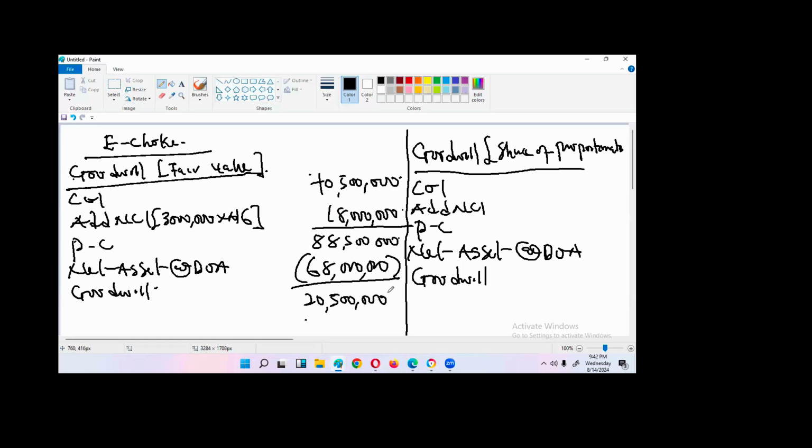Don't forget it's fair value. The goodwill belongs to both the parent and NCI. And when there is impairment, they will suffer it together.